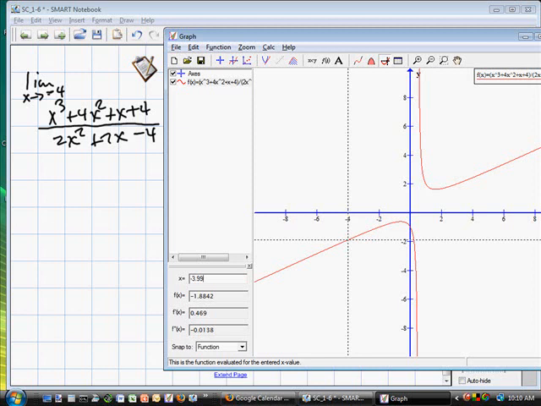X cubed plus 4x squared plus x plus 4, parentheses, 2x. Looks good. Then I'll change the window to 10. Do you have both the x and the y windows?